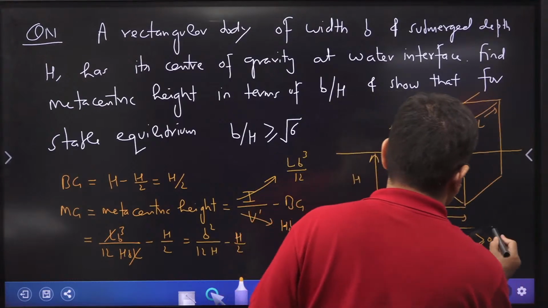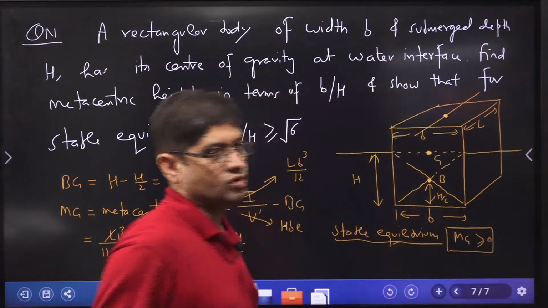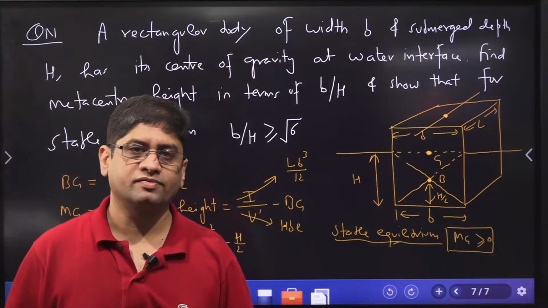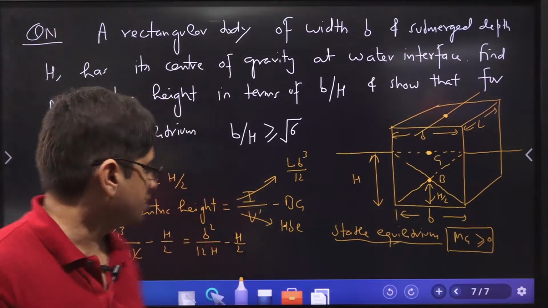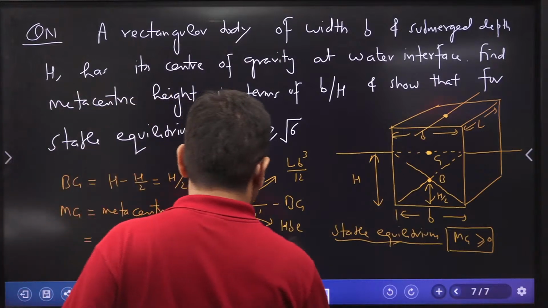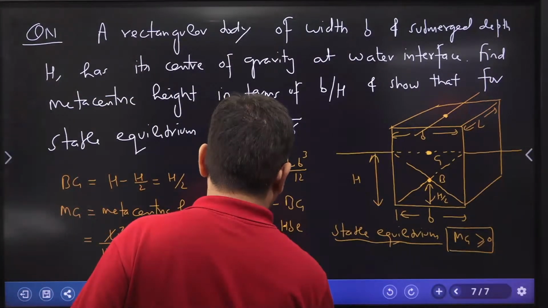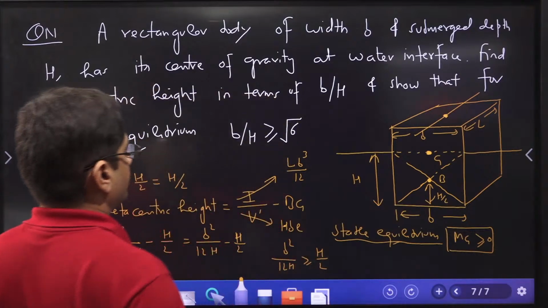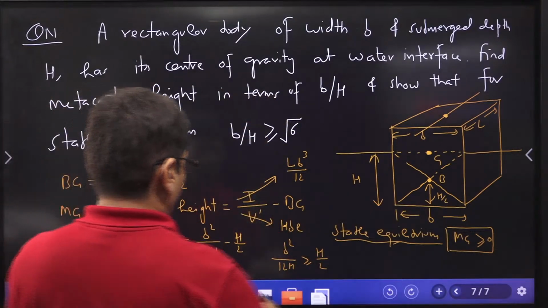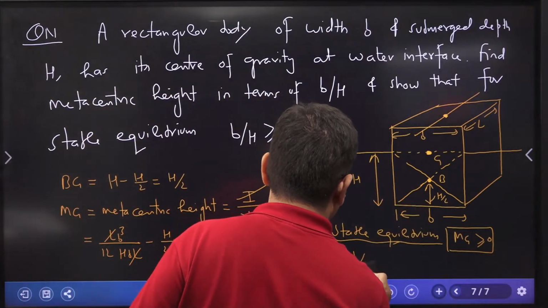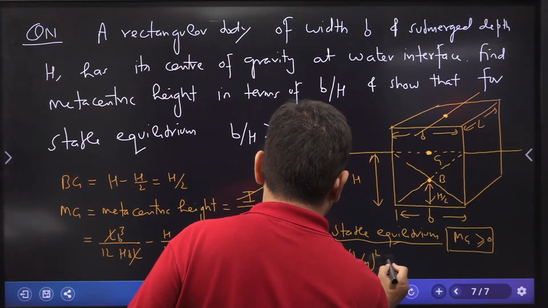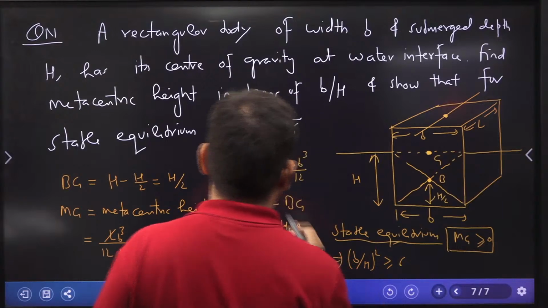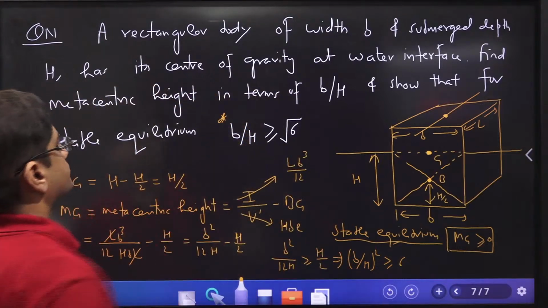That is the condition for stable equilibrium. M should always be above G, meaning MG should be positive. So B square by 12H should be greater than or equal to H by 2. This is what we wanted to prove. So B by H whole square should be greater than or equal to 6, which gives you stable equilibrium.